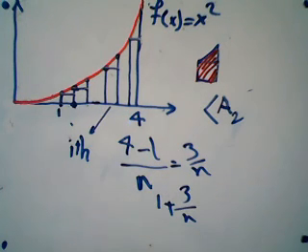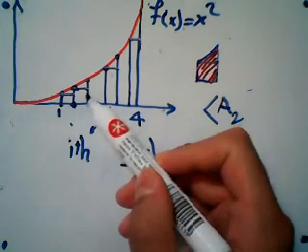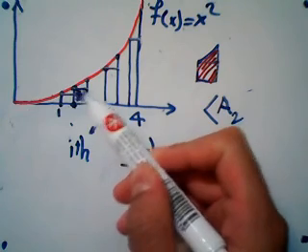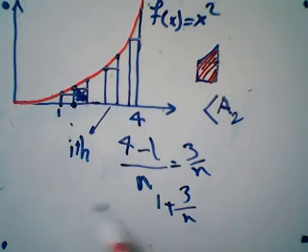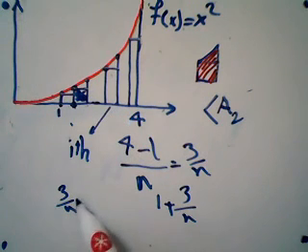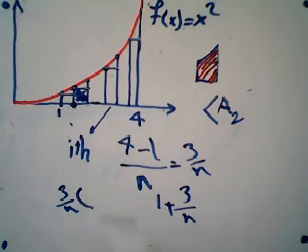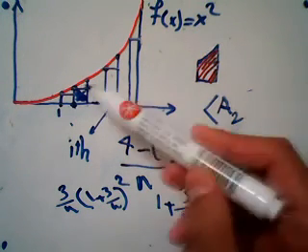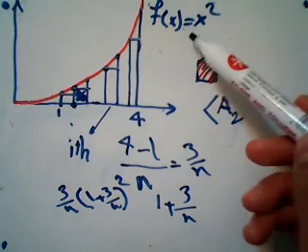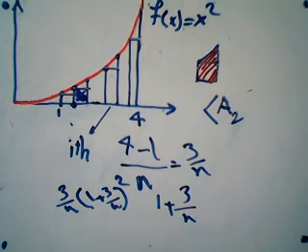So the area of this rectangle would be 3 over n times the length of this side, which is 1 plus 3 over n squared, because this is the graph of f of x equals x squared.